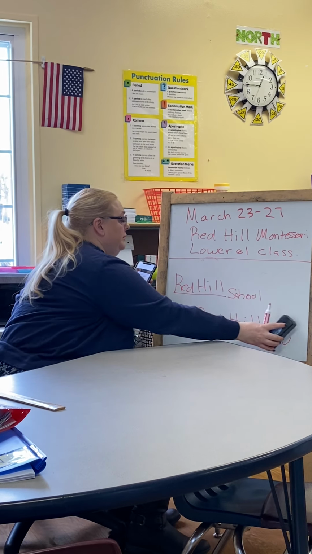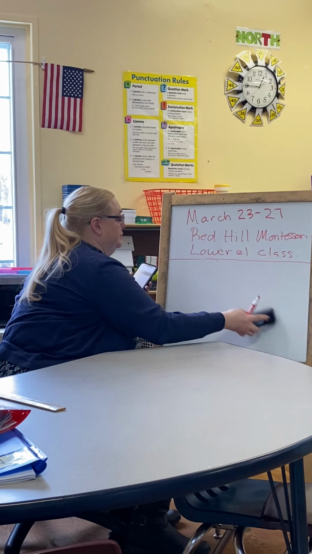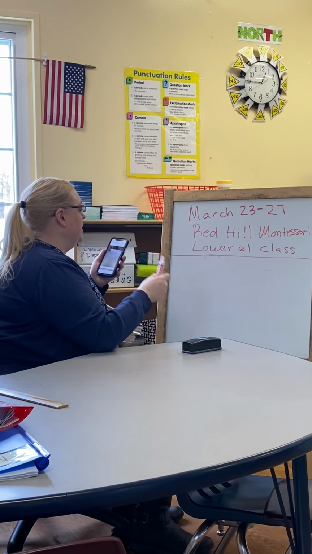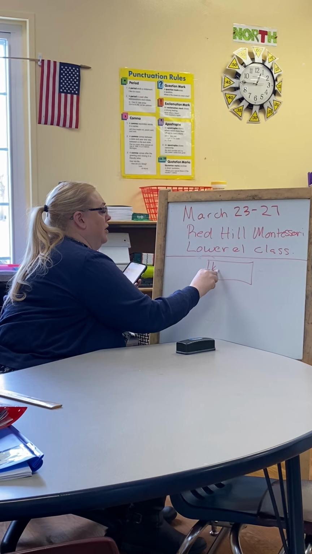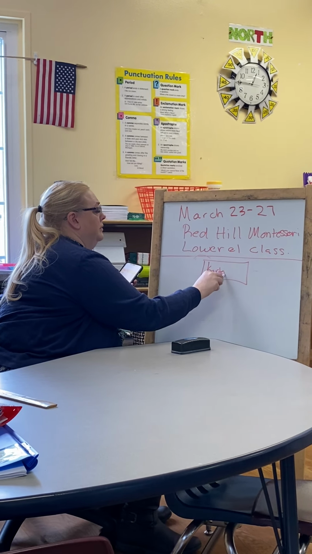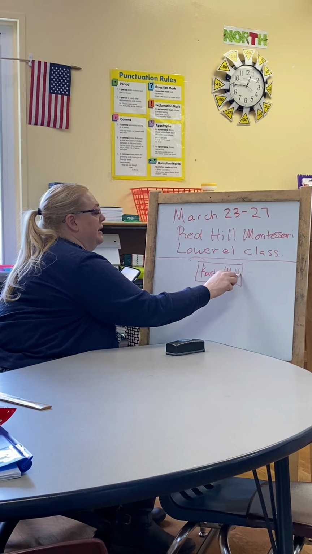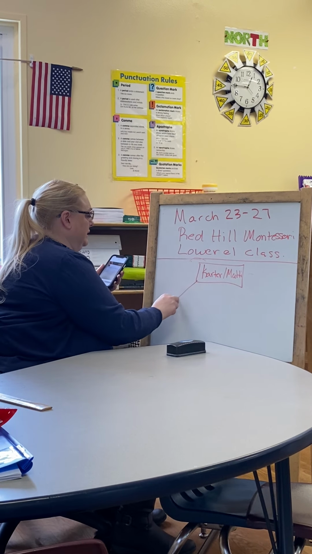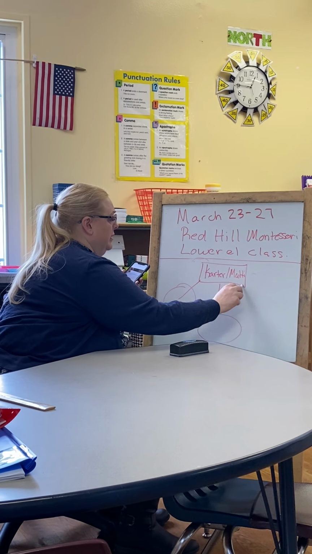Now, as we go to our next page, it says write your name in the box. So you would write Karter or Matti, depending on who's answering it. And then you're going to have a detail, and a detail.